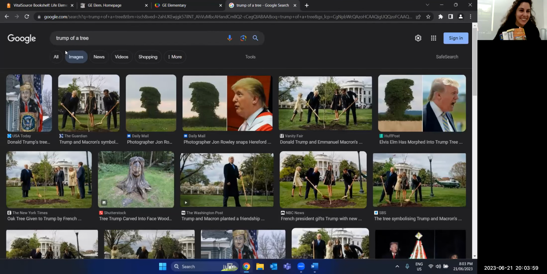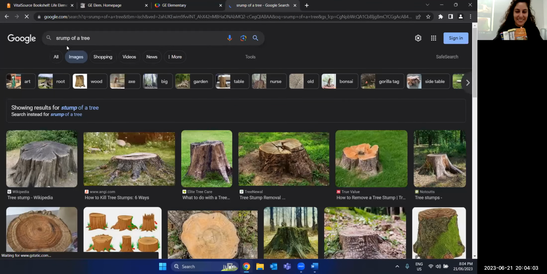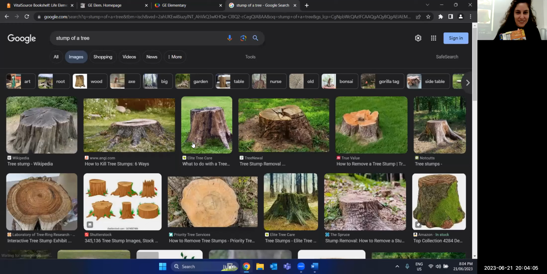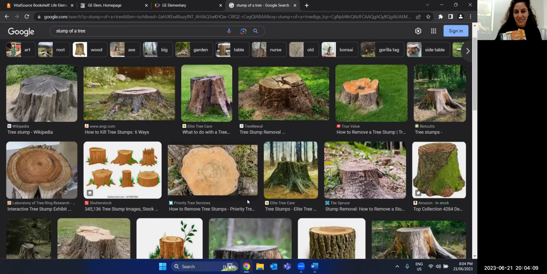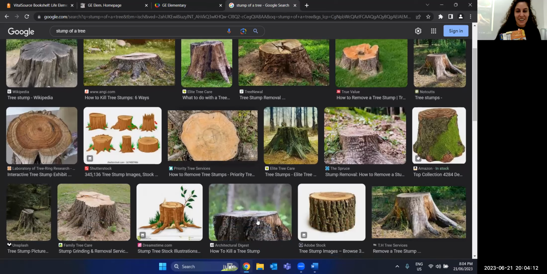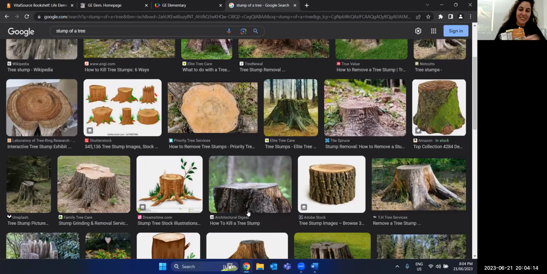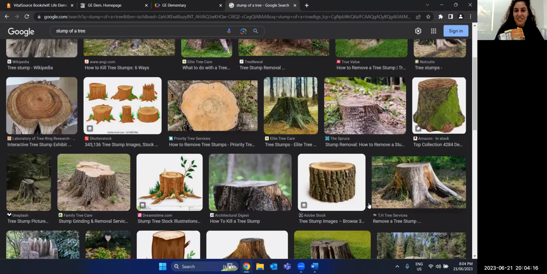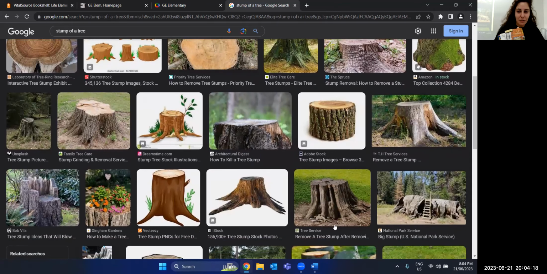Sorry, stump. Not Trump, stump. So now you're going to think Trump because I confused it with, so this is a stump. Sorry, a stump for a tree. Yep, a tree stump.